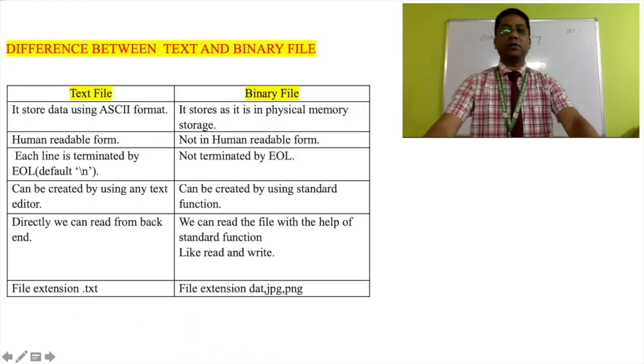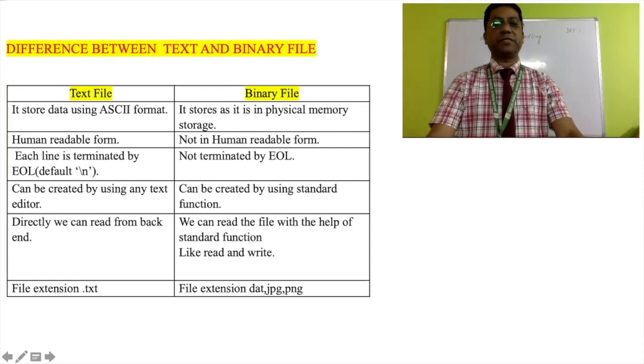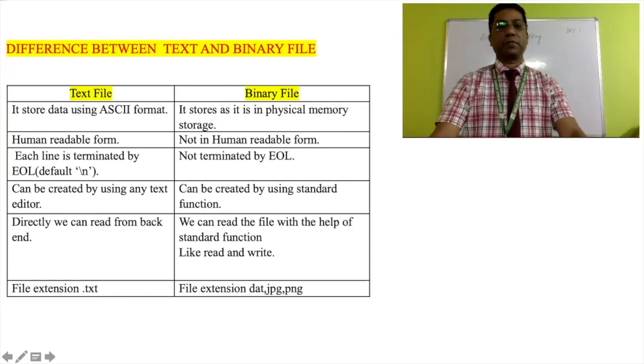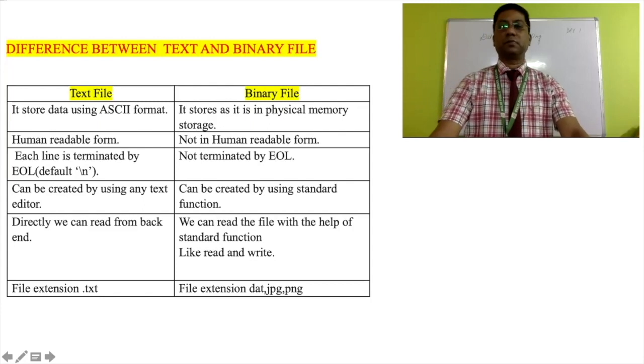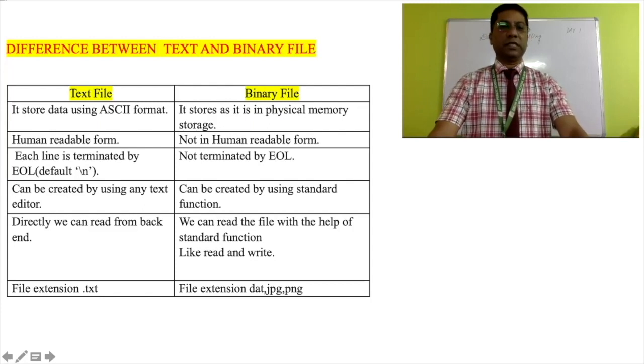Now let me bring out some of the differences between the text file and the binary file. In a text file, the contents are stored using ASCII format. In the binary file, the contents are stored as it is in physical memory storage. In the text file, contents are in human readable form.